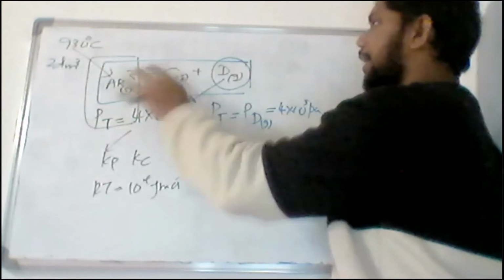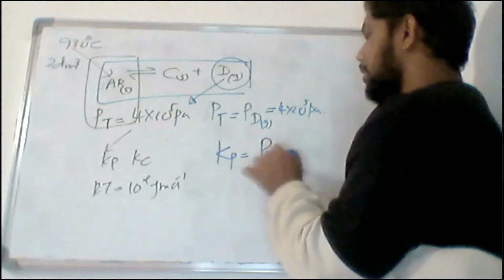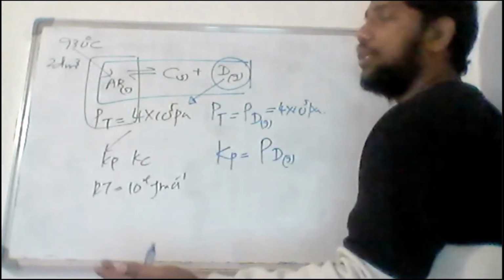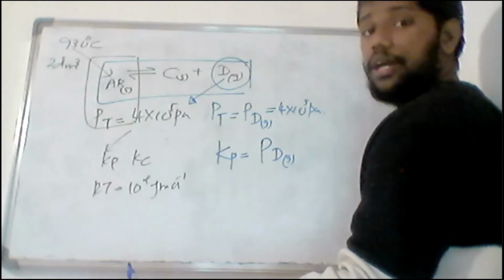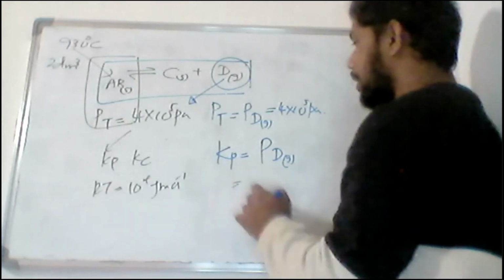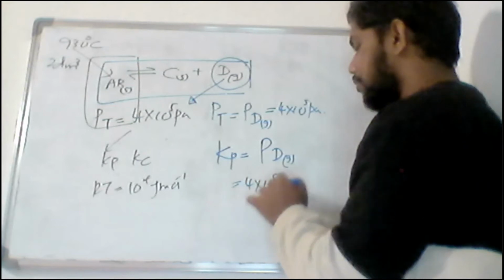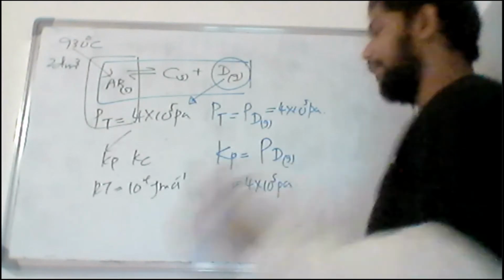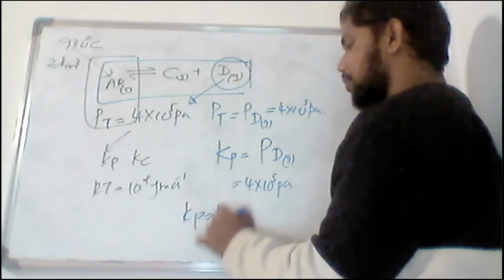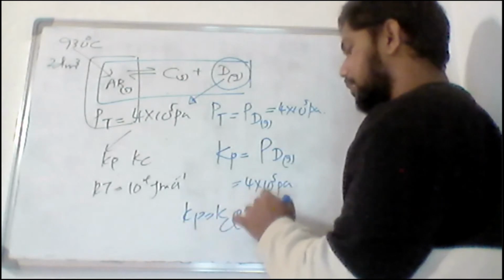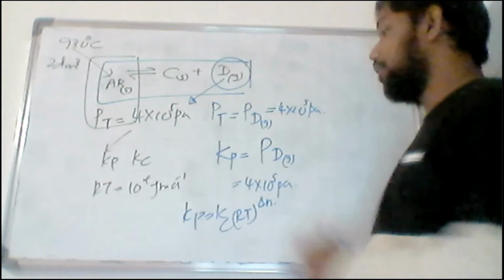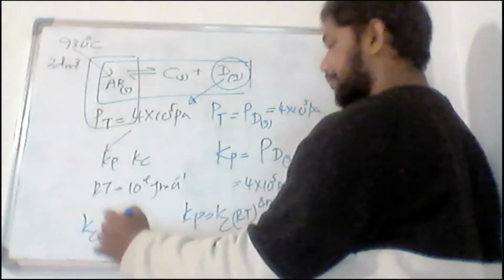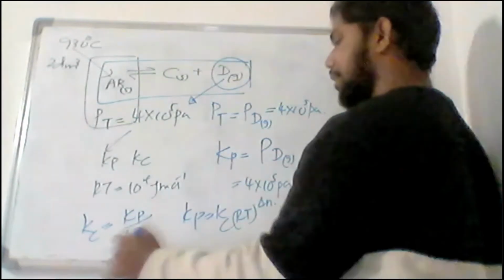And then when you write down the Kp expression for this reaction, there is PD gas, and there will be no C or AB because those are solid. So your Kp automatically becomes 4 into 10 to the power 5 Pascal. Then you can use Kp equal to Kc RT to the power delta n to find Kc, because now Kc will be Kp over RT to the power delta n.